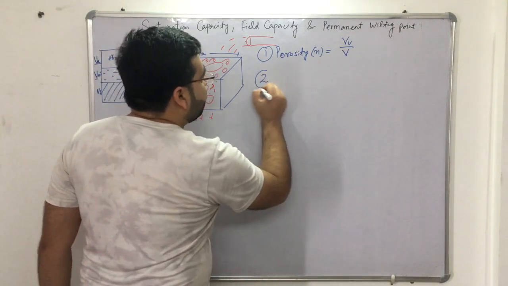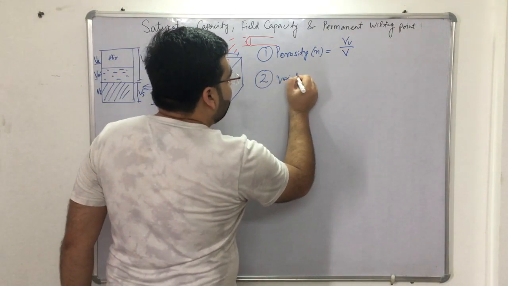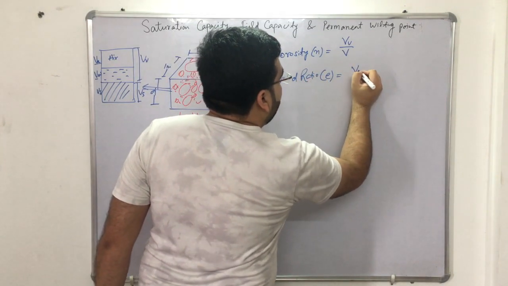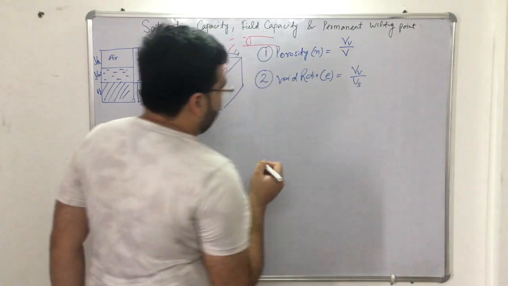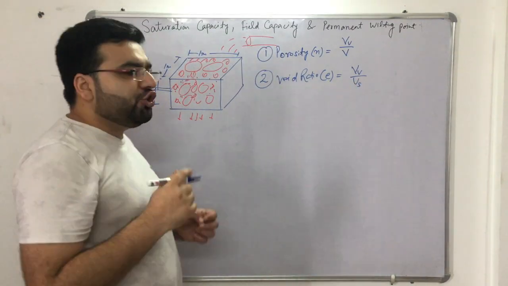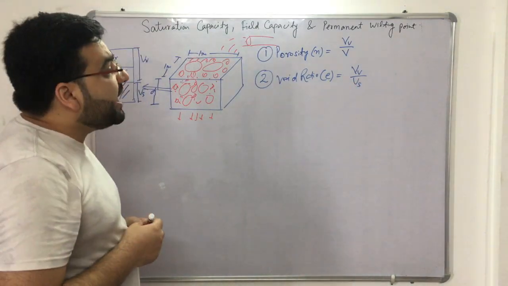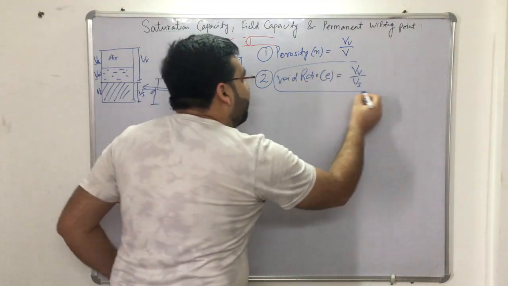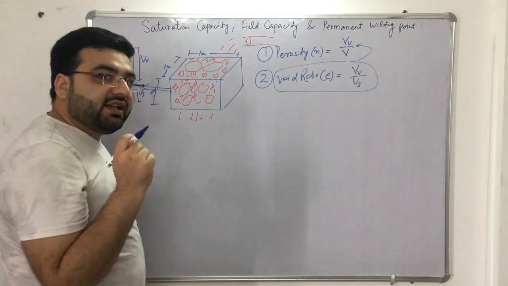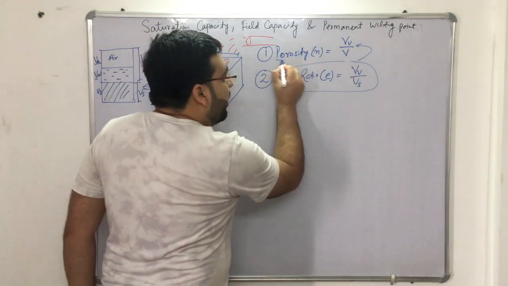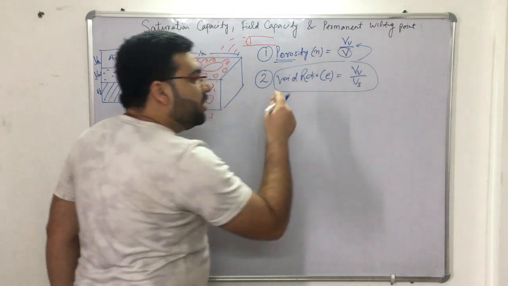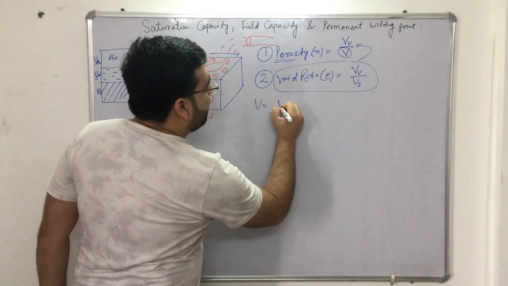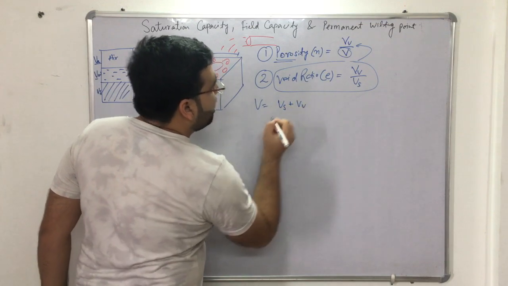We have another term, known as the void ratio, denoted by e. e is equal to volume of voids upon volume of solids. In your geotechnical engineering portion, you must have seen that we prefer using void ratio over porosity. What is the reason? In porosity we have the total volume, and this total volume can change, because total volume is equal to volume of solids plus volume of voids.